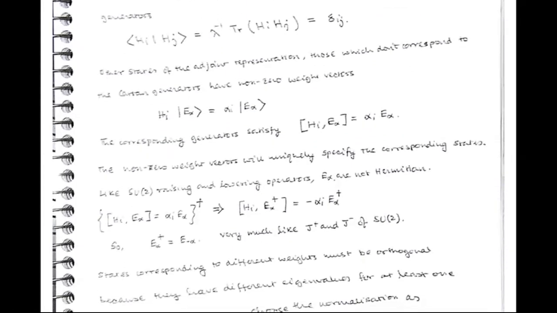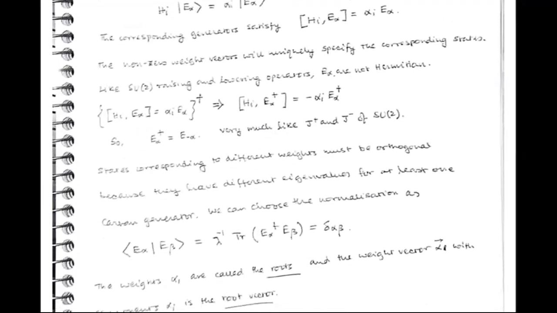The first hint that you're going to get something like raising and lowering operators is when you look at whether or not the E_alphas are Hermitian, and you find that they are not.